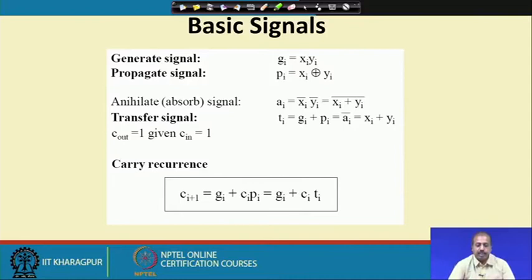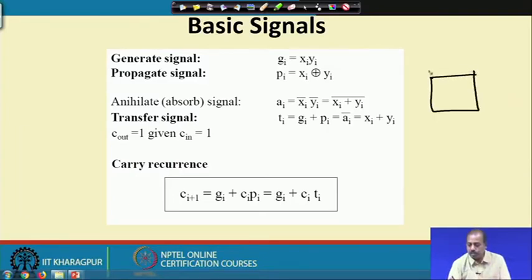Now, you see that for a particular stage, if I take an example, suppose this is a particular adder stage. It has xi and yi as the bits to be added, and Ci is the carry, and it produces the sum output and the carry output. Now, we try to see when a carry will be generated from this stage.